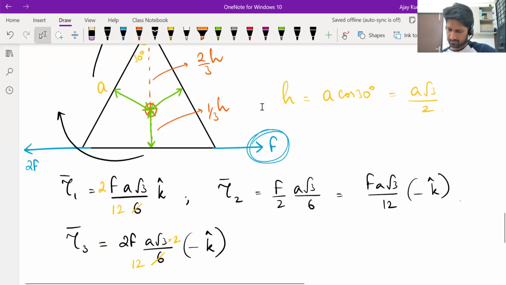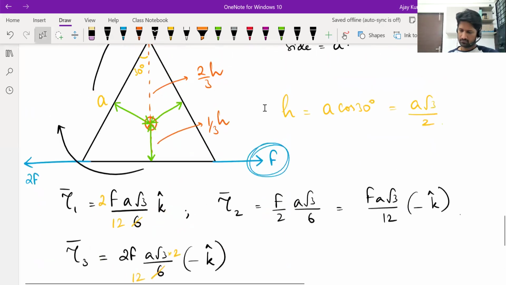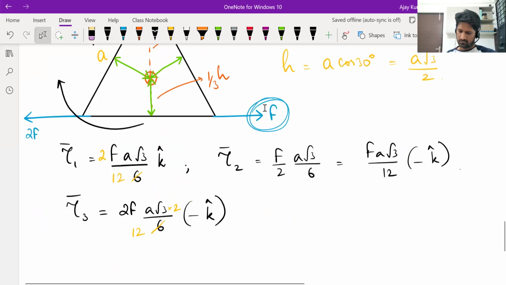Okay. There is the answer 3FA. Wait. 2a root 3 minus a root 3. That becomes a root 3 plus 4. I'm getting 5f a root 3 by 12. Okay, wait. Minus. 2a root 3 minus a root 3 minus.